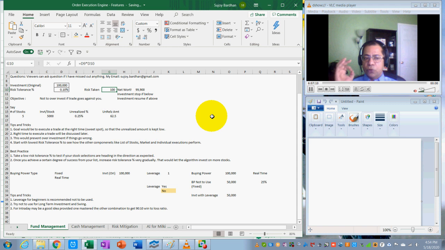If you can get to this level of perfection where you're not hitting the risk factor at all and you're going north, assuming you're doing long trades or short trades, which will come, you have mastered this area. Secondly, once you have mastered this part of it, then you look into leverage.